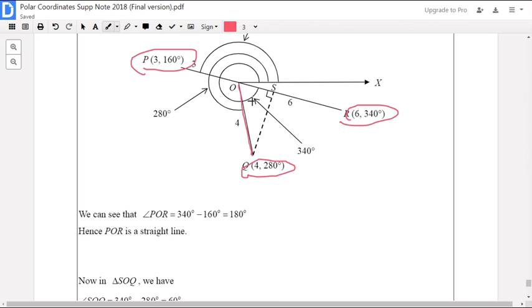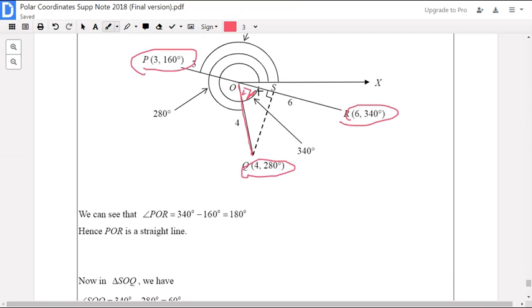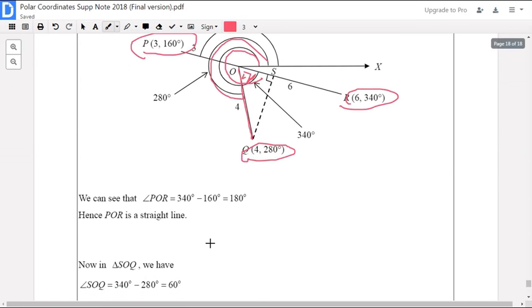And the red angle here is what? If we can find the red angle here, then we can use trigonometry to find QS. The angle SOQ should be this angle, 340, minus this angle, 280. So SOQ is given by 60 degrees. 340 minus 280, which is 60.